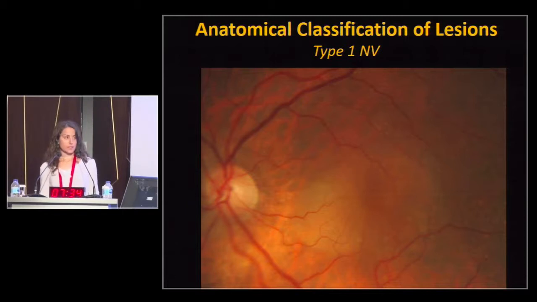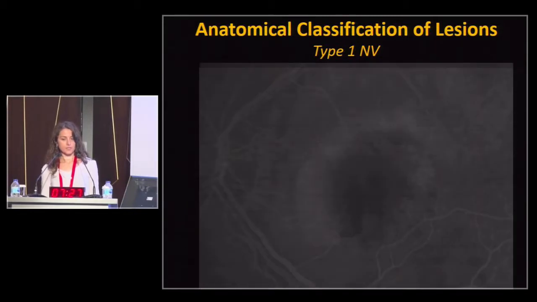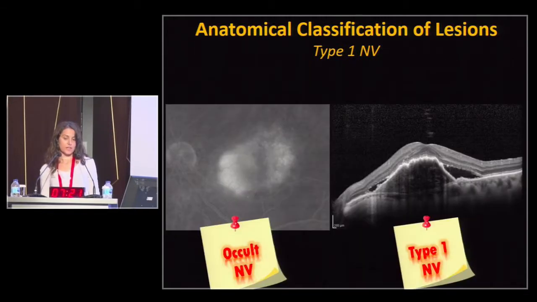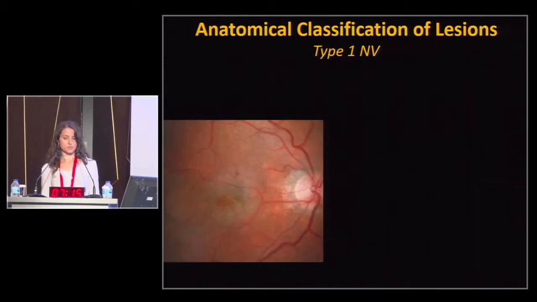So overviewing each type of lesion, we know that type 1 lesions are characterized by a late staining on FA. So we have an occult pattern. And on OCT, we are going to have a lesion below the RPE. And normally, it's associated with the presence of subretinal fluid.